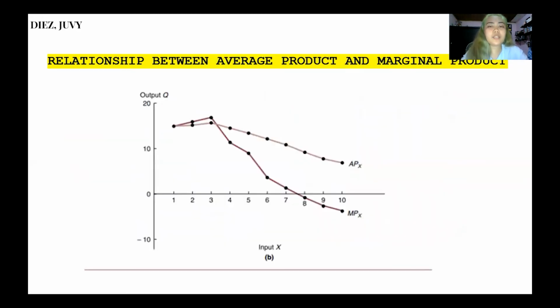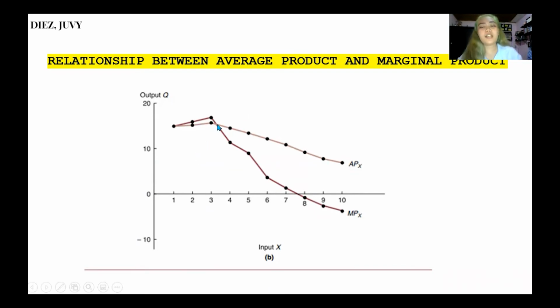Next is the relationship between the average product and the marginal product. The marginal product and average product initially increase and then decrease due to the operation of the law of diminishing marginal returns. So when the marginal product is higher than the average product, the average product increases.